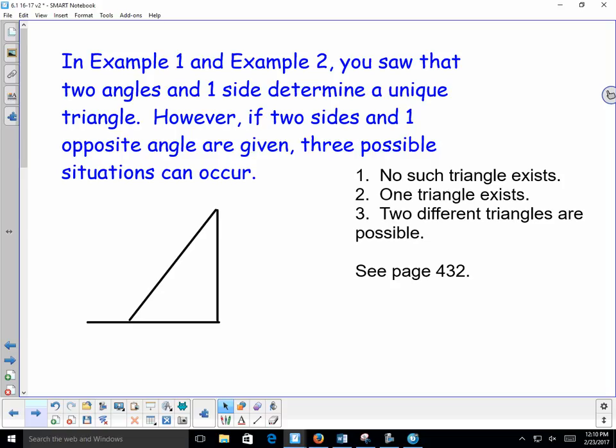However, what if 2 sides and 1 opposite angle are given? If that's the case, then there are 3 possible situations. This is called the ambiguous case, because it's not clear before you dive into it whether there's going to be no triangle that fits the criteria, 1 triangle that fits it, or 2 different triangles possible. All right? So, instead of seeing page 432, I have something for you.